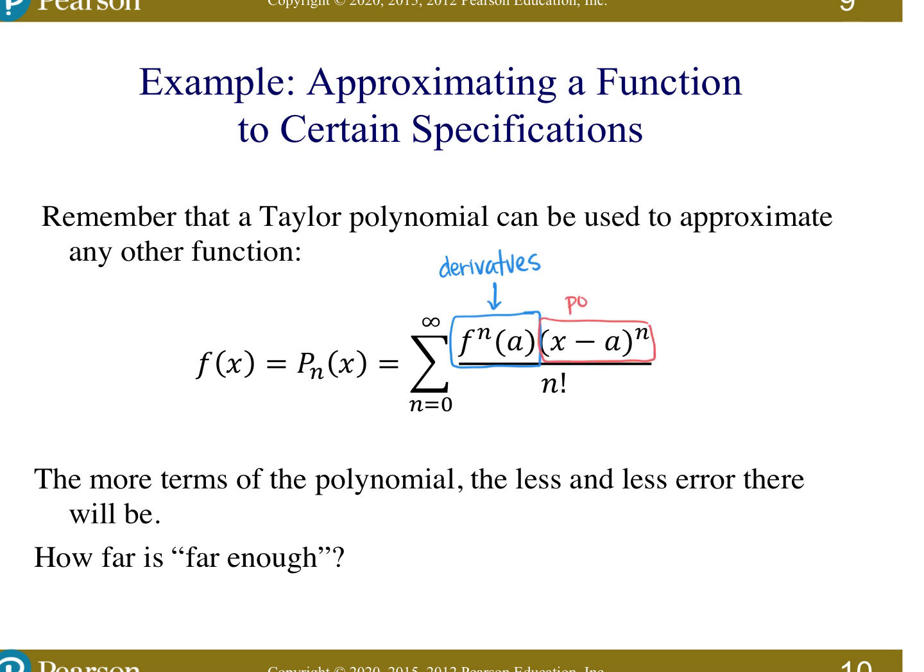So that's your polynomial piece, centered at A. And then finally, we have our factorial piece, which also changes as the term changes. All right, so again, the more terms of the polynomial, the less and less error there will be. We increase our accuracy. So how far is far enough? How far do you have to go to be reasonably satisfied that your answer is going to be accurate enough? That's the question we want to answer today in terms of how much error is allowable.